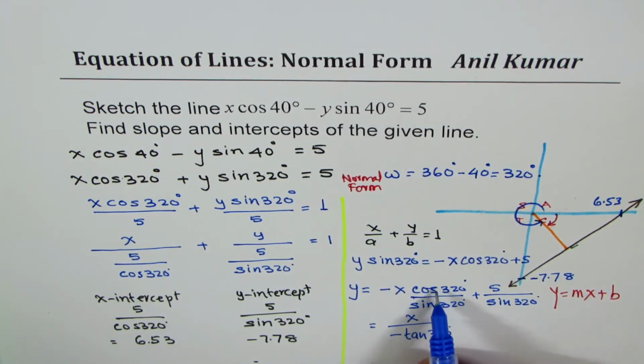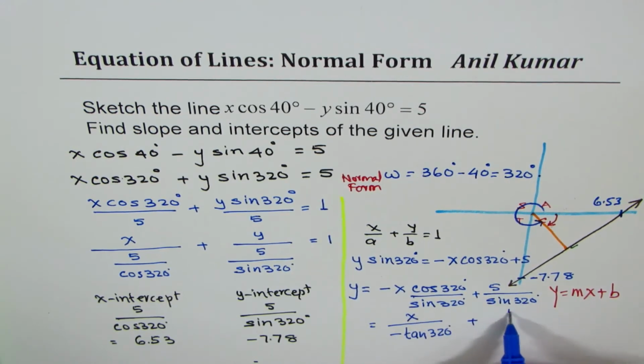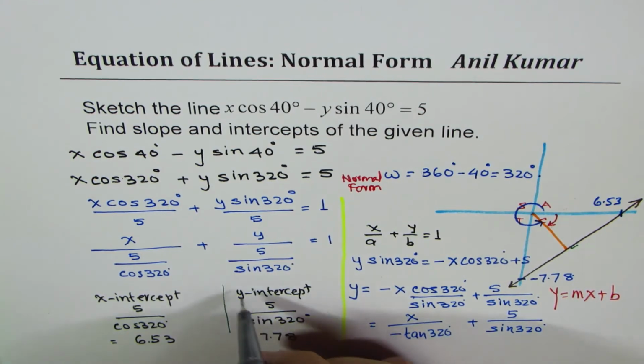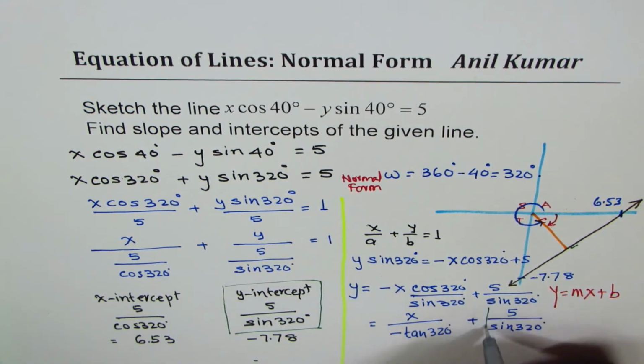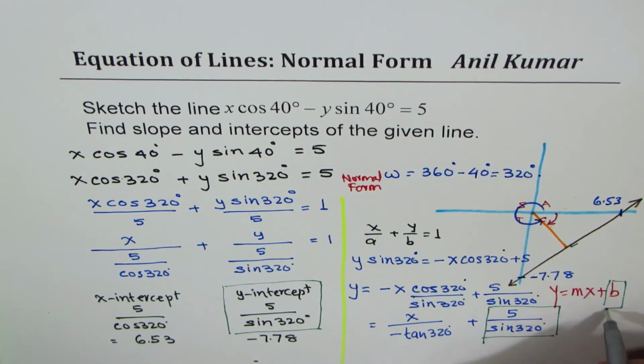Does it make sense? If you bring this down, the minus sign is already there. In this case, it is minus tan 320 degrees. And the y-intercept is 5 divided by sin 320 degrees. So from all the forms we have checked, you can compare that the y-intercept is 5 divided by sin 320 degrees. Do you see it matches?